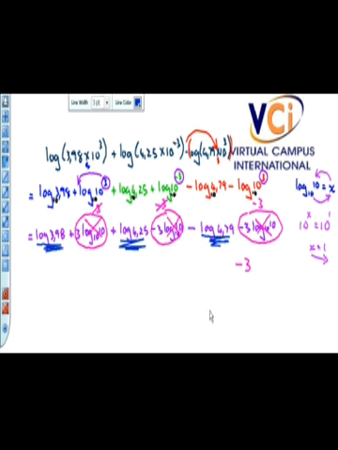Right, then we take a look at that expression there. Log 3,98, log 4,25, minus log 4,79. Still happy with that? Yeah. Right, now it's a log plus a log minus a log. First and second log laws.